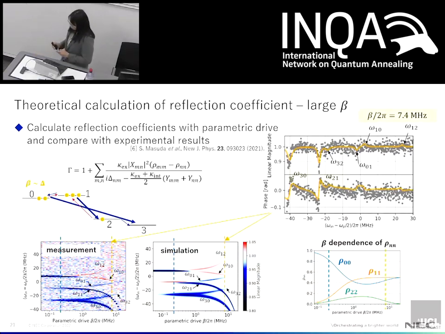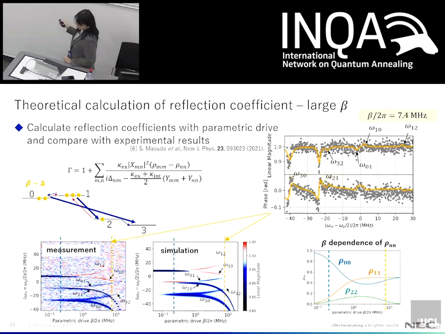On the other hand, when beta increases and becomes close to the nonlinearity chi, here chi is about 17 megahertz, the energies of state 0 and state 1 become close, and state 2 and state 3 become close too. This is a section with beta equal to 7.4 megahertz.